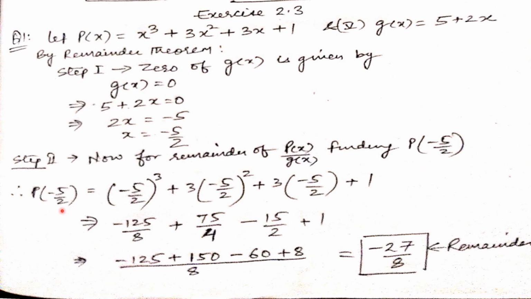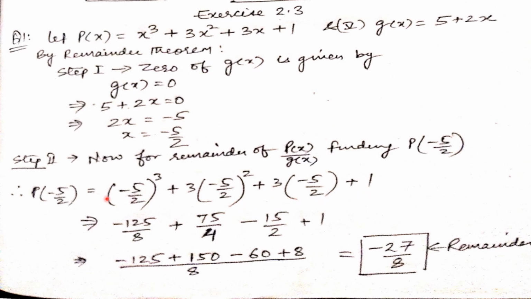We just have to replace minus 5 by 2 in the place of the variable, which is x. So you can see the question was x cube. So the first term is bracket minus 5 by 2 whole cube, plus 3 into x square was there, so I have written 3 into minus 5 by 2 whole square, plus 3x was there, so I have written 3 into minus 5 by 2, plus 1.